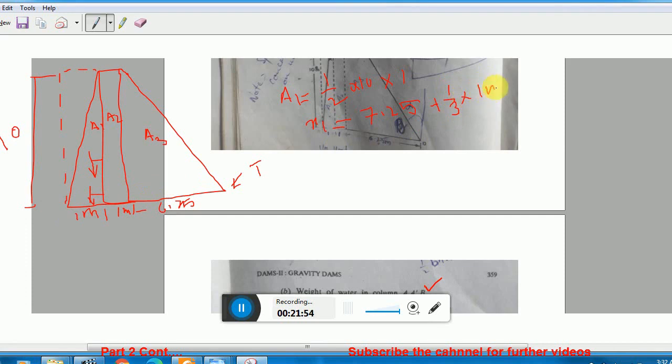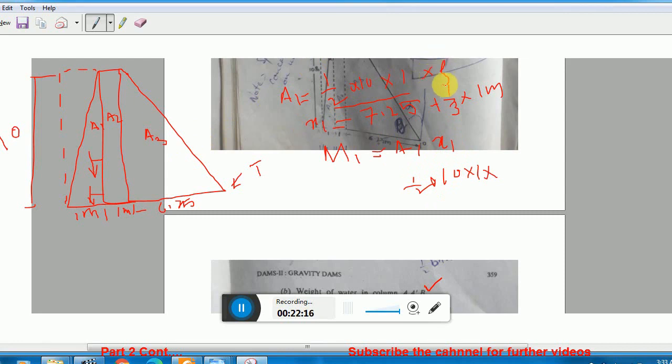So the moment M1 will be F1 times x1. So the total calculation will be 1/2 times 10 times 1 times, now you need to find out its weight. So you have to multiply this area with density.